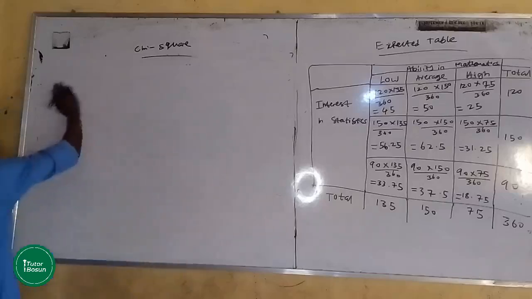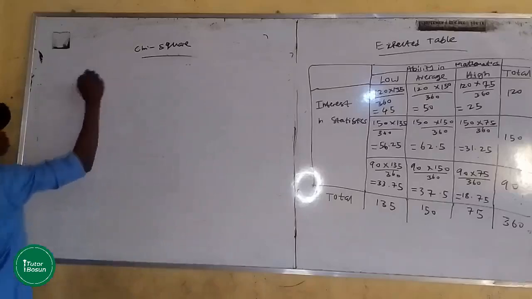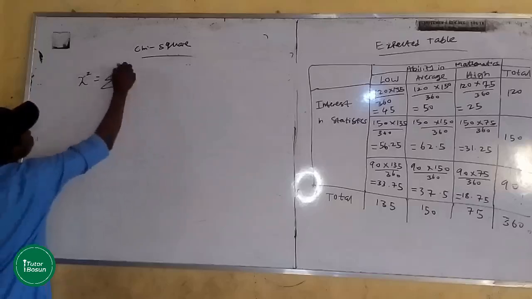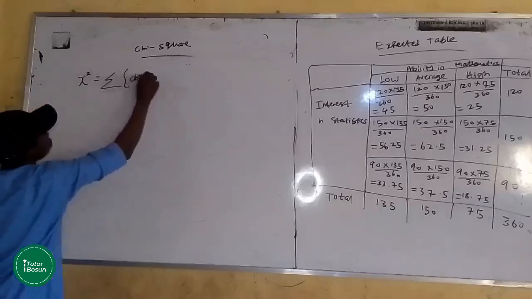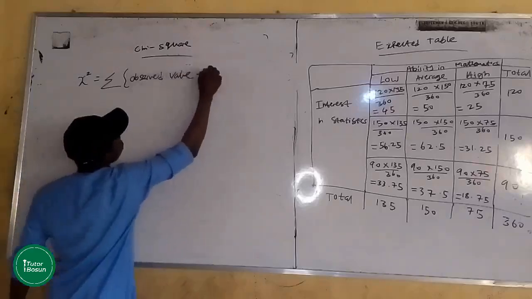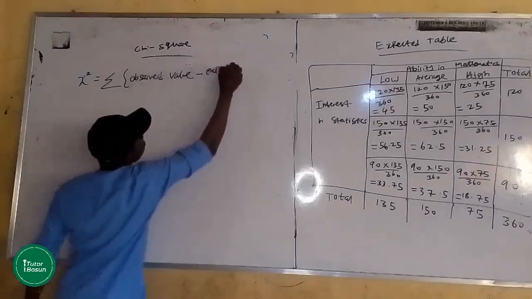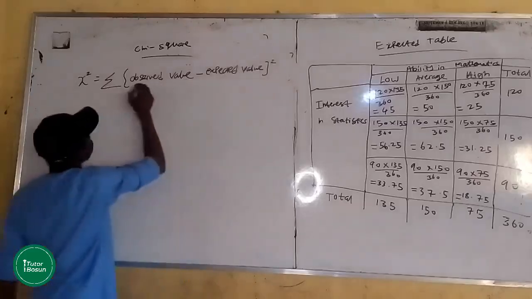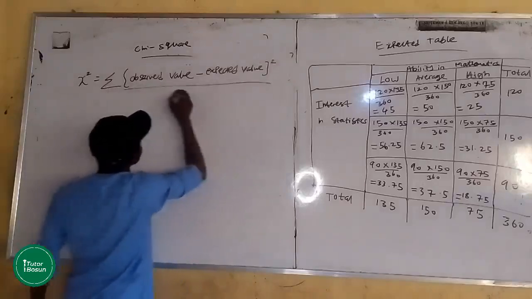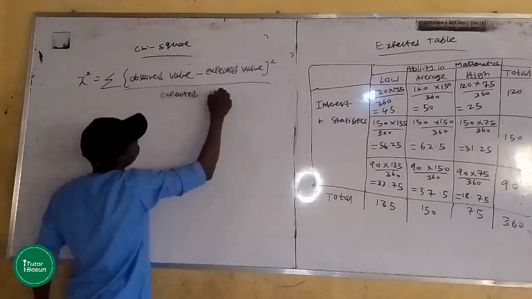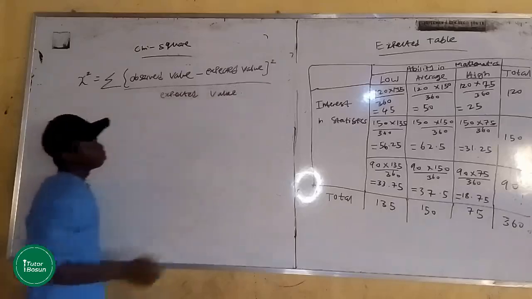So here you can record the formula: observed value minus expected value, all squared, divided by the expected value.